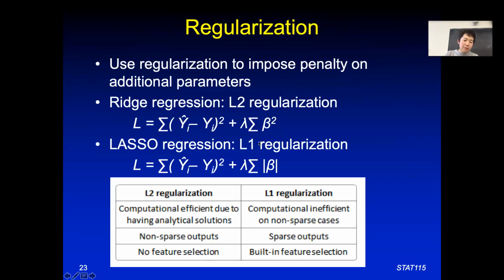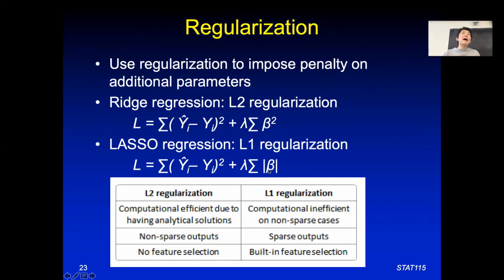And there are two different approaches. The L2 regularization is where you take the square of each coefficient and sum all of the coefficients together, and you estimate a single parameter in here. But L1 regularization is where you take the absolute value of each coefficient, add them together, and penalize.